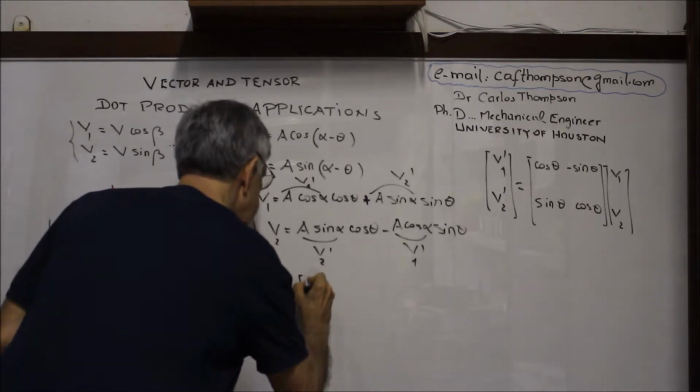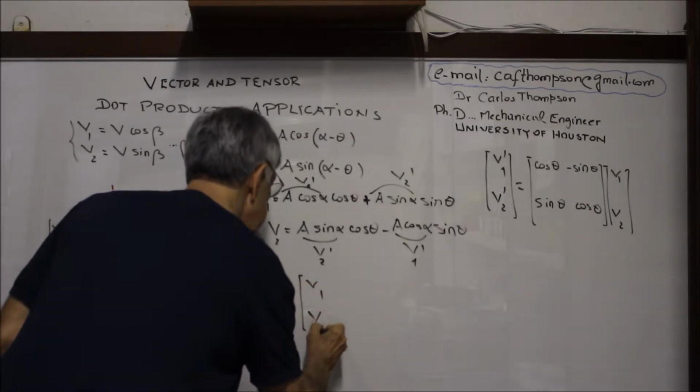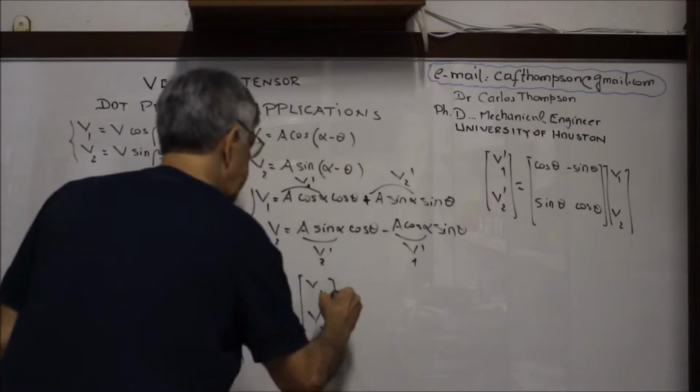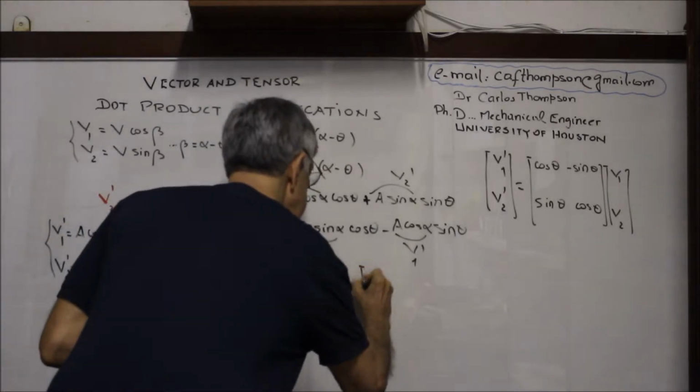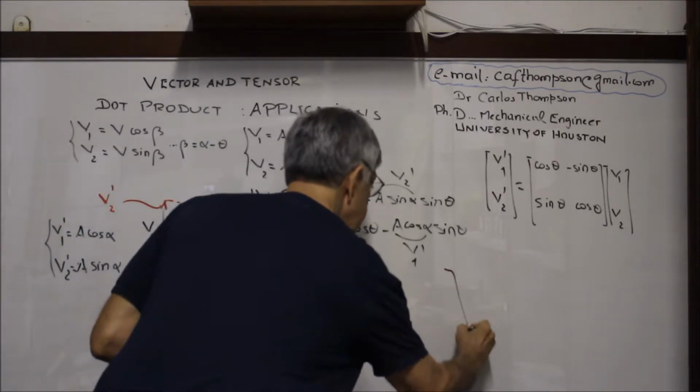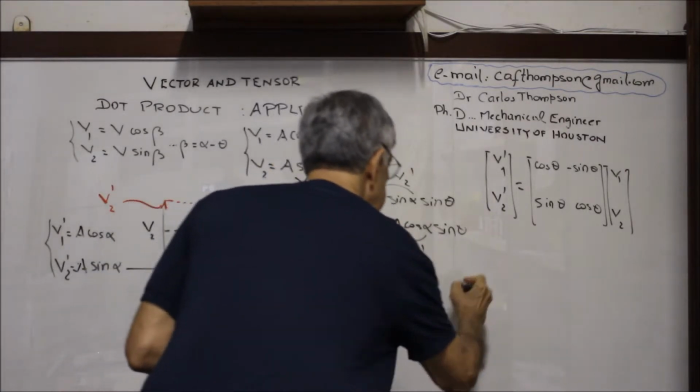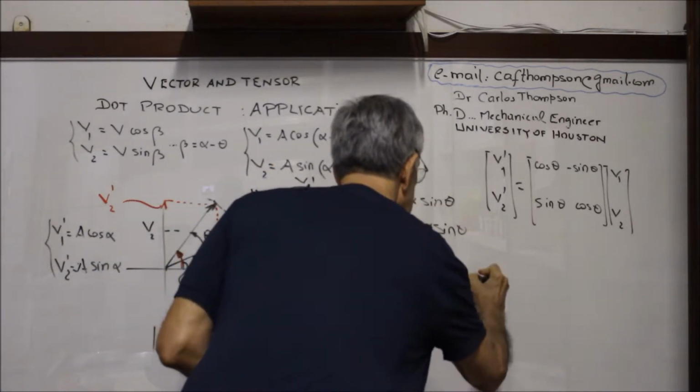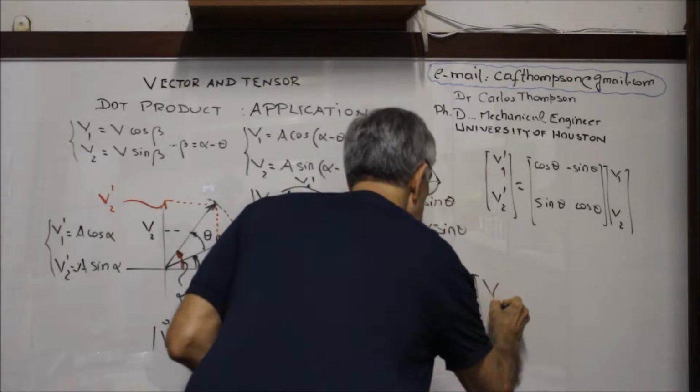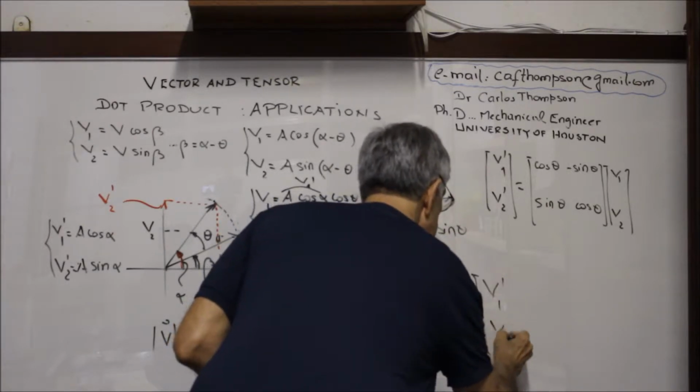Here is V1, V2 is equal, here's the matrix, the operator. Let's increase it here a little bit. So this is V1 prime and V2 prime.